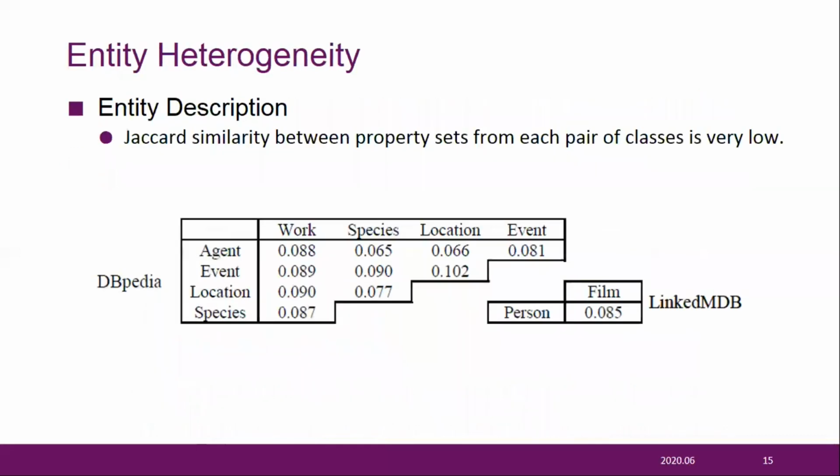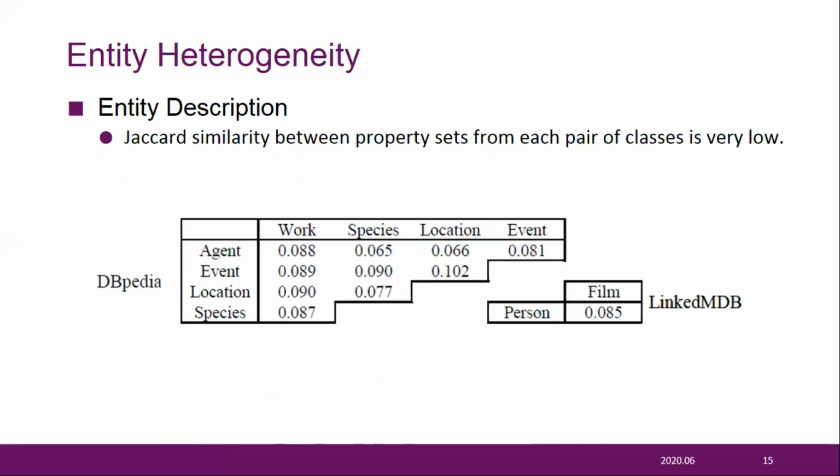Then we analyze entity heterogeneity in ESBM. Entities from different classes are described by different sets of properties. For each class, we identify the set of properties describing at least one entity from the class, and the Jaccard similarity between property sets for each pair of classes is presented in this figure.